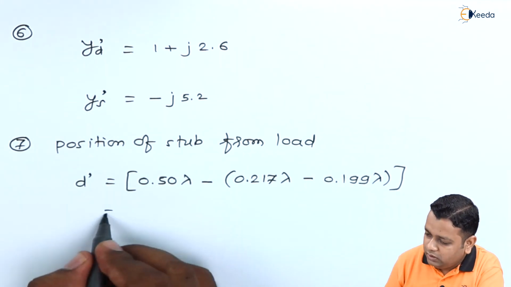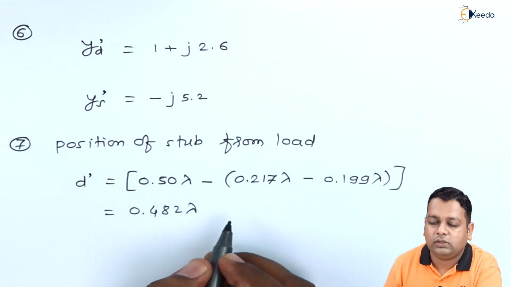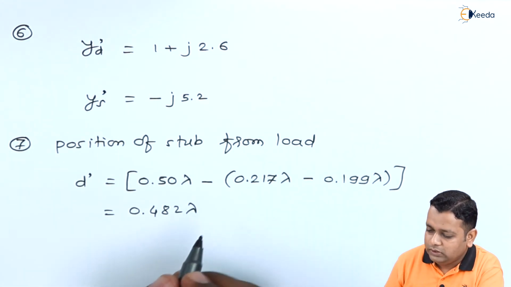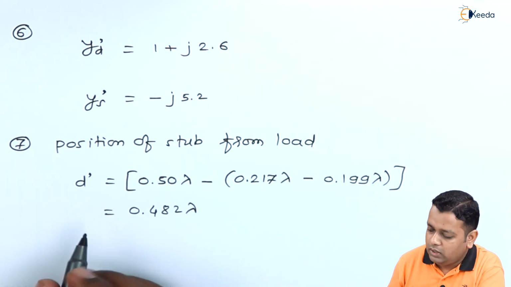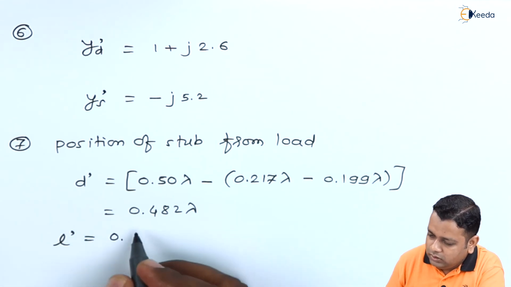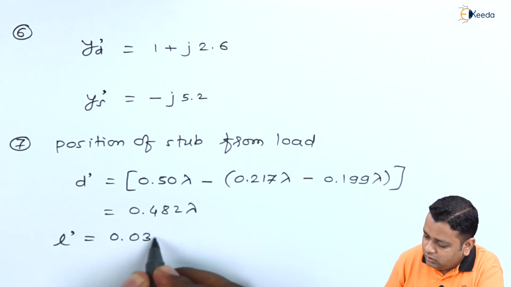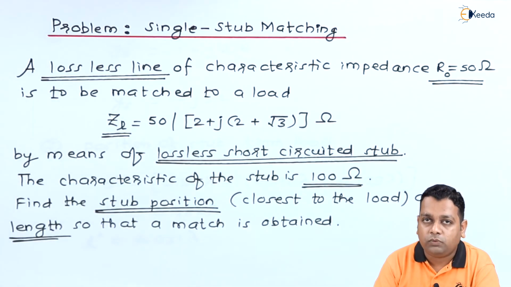So this will result in 0.482 times lambda. And in this particular situation, the length of the short circuited stub will be represented by L dash, and it will be equal to 0.031 times lambda there.